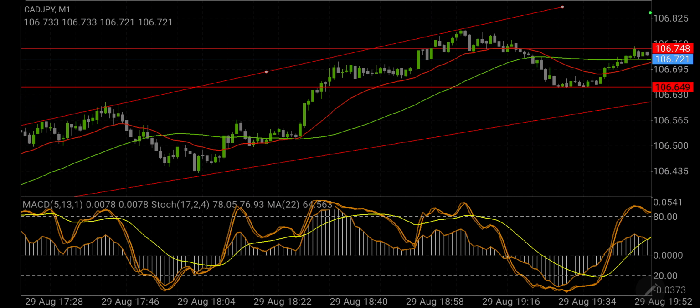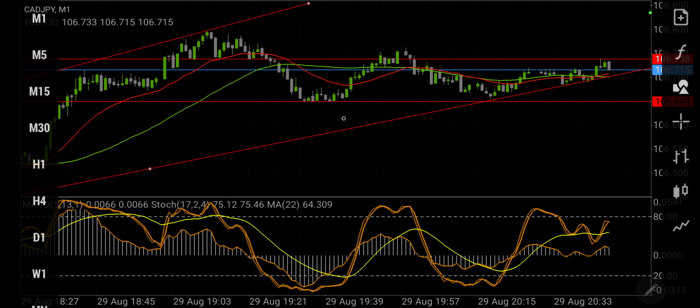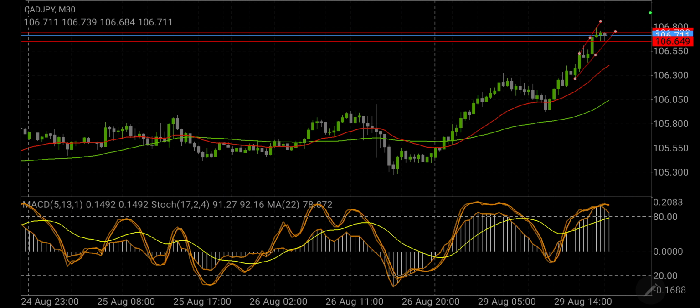Even at the top, on the sell short signal, it touched the trend line, the stochastic crossed the yellow, and the MACD shows downward momentum, so the market started going down. Even if you apply this strategy on the 15 or 30 minute chart, it's going to work for you the same.